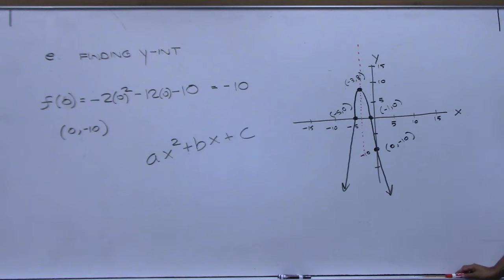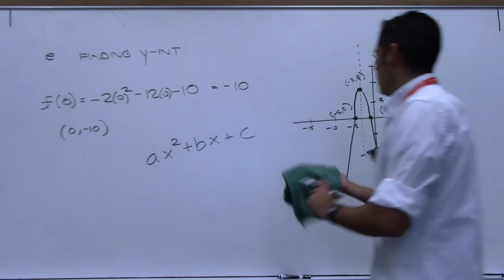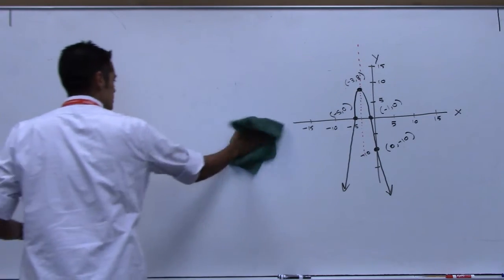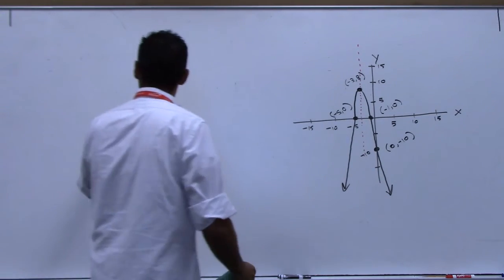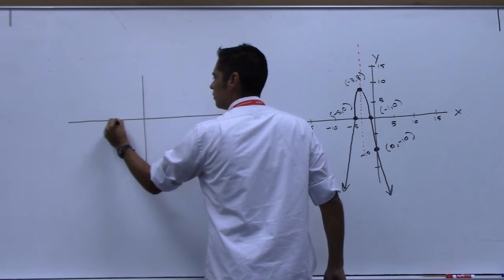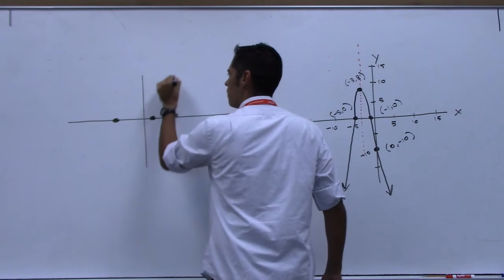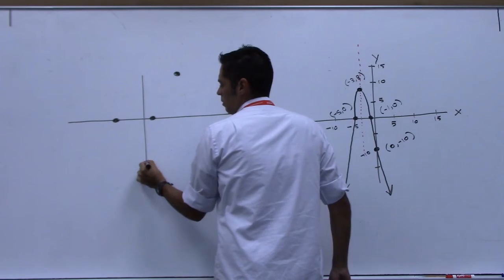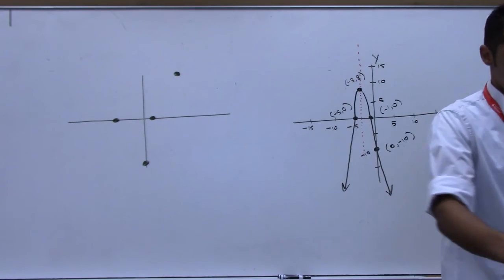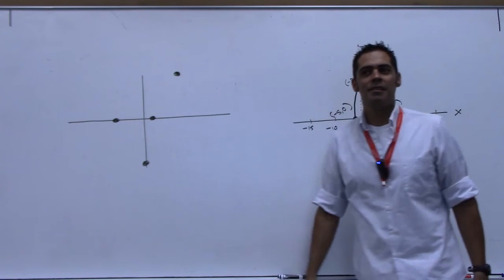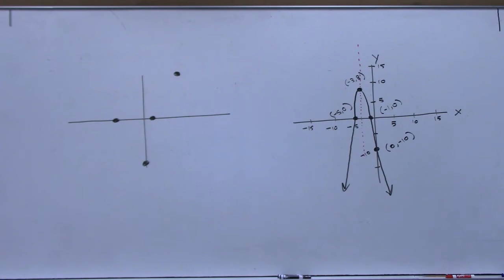Some things to be careful with when you're putting all your information together, trying to get your final graph. What would you think if you got this? What would you think if you got that? Like you put your vertex here, your x-intercepts here, and your y-intercept here. Yeah, it looks piecewise. Something's messed up, right?